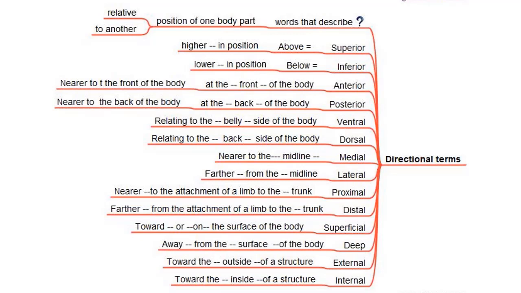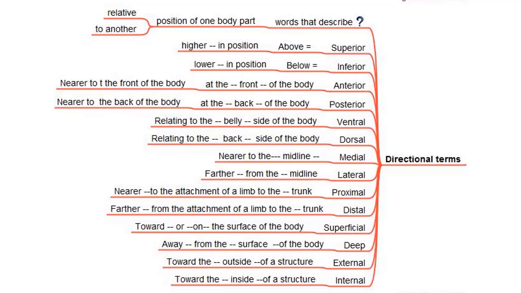These are words that describe the position of one body part relative to another. Superior is above, higher in position. Now if you remember the images, there were two arrows drawn on the right with the head of the upper arrow up, that is superior, and the head of the lower arrow pointing down, that is inferior.